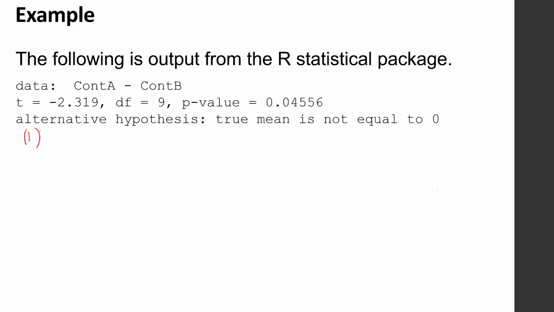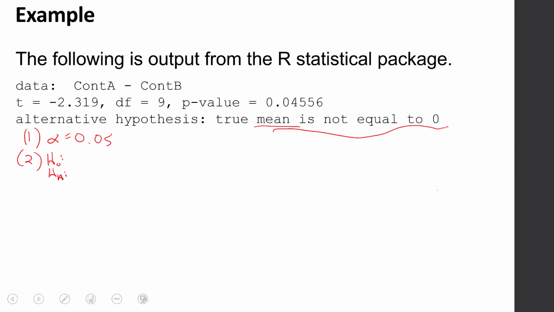So remember, step 1 is stating the alpha level. So the alpha level is going to be 0.05. Remember, if it's not stated in the blurb, assume it's 0.05. Step 2 is stating your hypotheses. So I've got a null hypothesis and an alternative hypothesis. So the null hypothesis here is going to be that the mean difference is equal to 0, and the alternative is that it's not equal to 0.